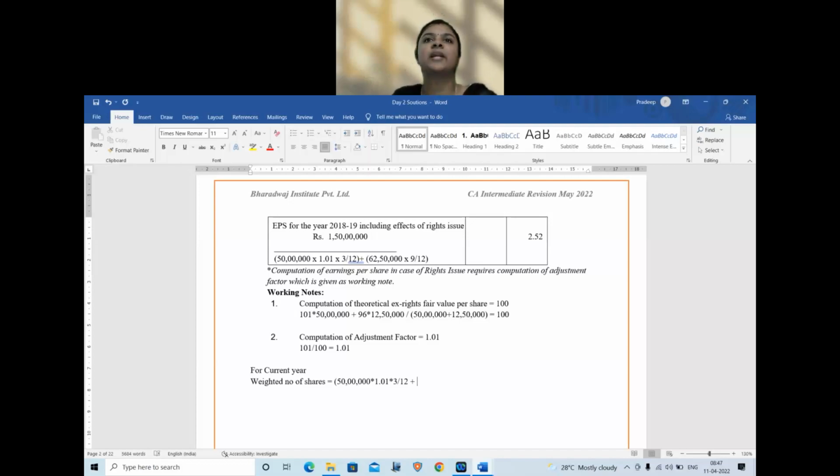The moment they come into existence, they are on par with other shares. So you can take the total, 50 lakh plus 12,50,000, 62 lakh 50,000 into, for the remaining months, 9 by 12. Because they are all treated on par, no adjustment factor is required. So this is the weighted number of shares for the current year, 1819.